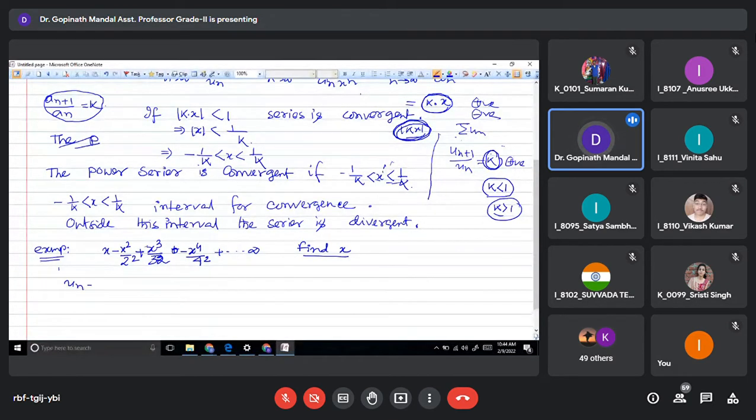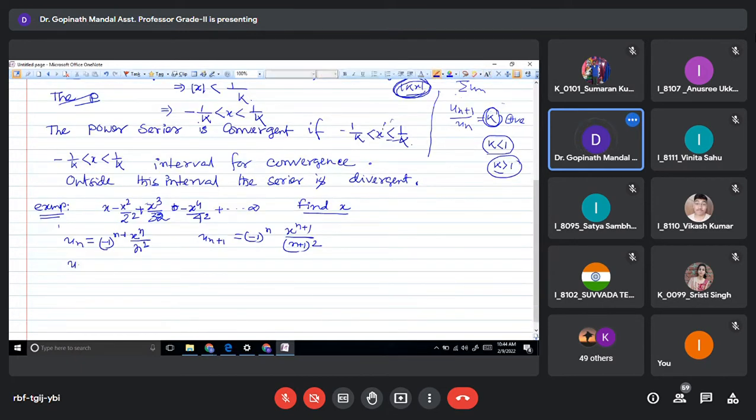So find un, which is x to the power n by n square, with minus 1 to the power n minus 1. So un is equal to minus 1 to the power n, x to the power n plus 1 over n plus 1 square.